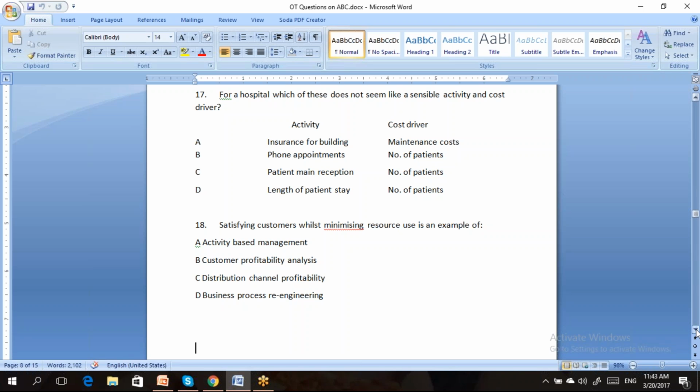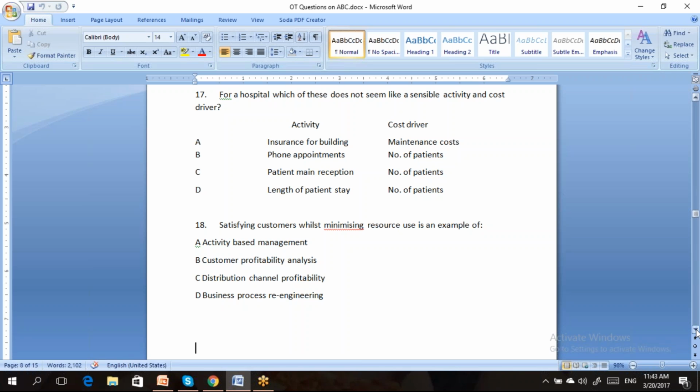Actually it is coming from activity-based management. One of the byproducts is the customer profitability analysis and all that. Basically, product profitability analysis, all those are products coming from activity-based management.